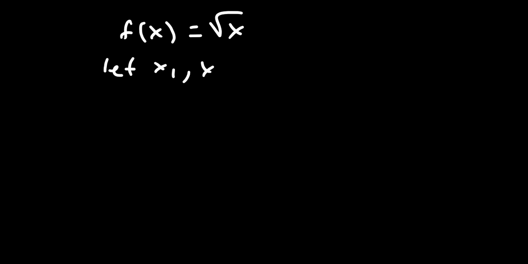Another example: let us have the function f of x equal to root of x. If we are told to prove that this function is one-to-one, we say let x1, x2 be members of the real numbers, and this is a function mapping real numbers onto real numbers.